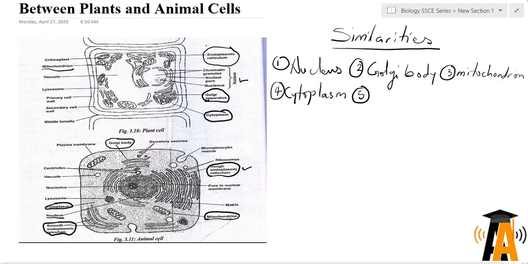But when you look here on the plant cell, you just see endoplasmic reticulum. Now, what's the difference between the smooth and the rough? If you look at it, the rough is actually looking rough, while the smooth is looking very smooth. So the difference is the presence of ribosomes. You can see them here, ribosomes on the reticulum. If you have ribosomes on the endoplasmic reticulum, the surface looks rough, hence the name rough endoplasmic reticulum. But in the absence of ribosomes on it, the surface is quite neat and smooth, hence the name smooth endoplasmic reticulum. So the 5th one we are able to identify is endoplasmic reticulum.